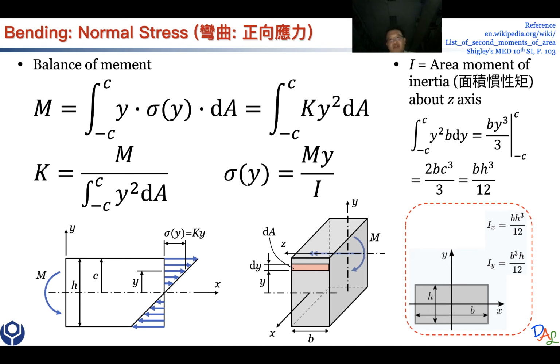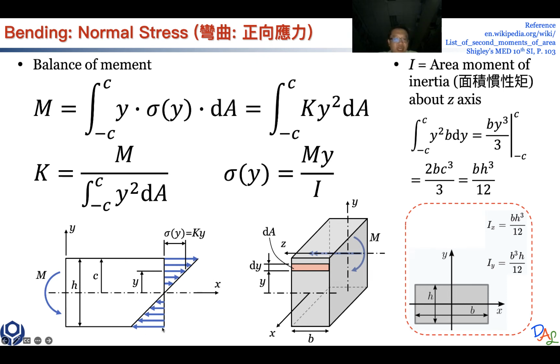Okay, now the next thing we would like to do is to calculate how much stress we have everywhere along this cut or cross section area. The way we do it is to use balance of moment.